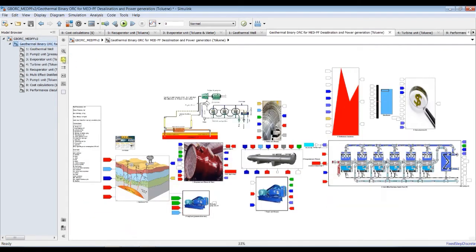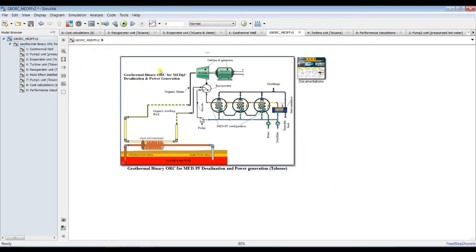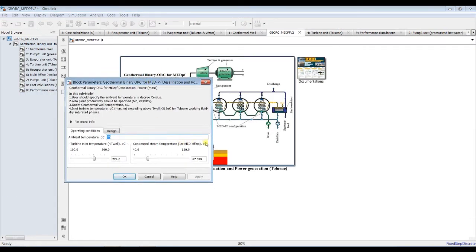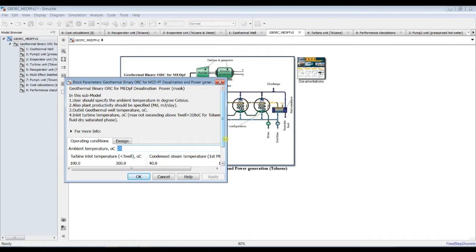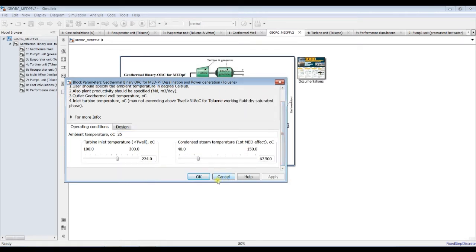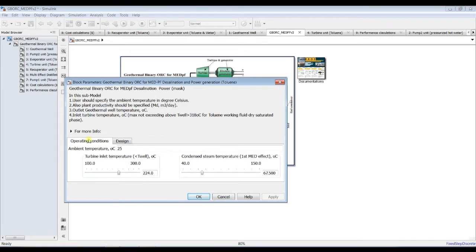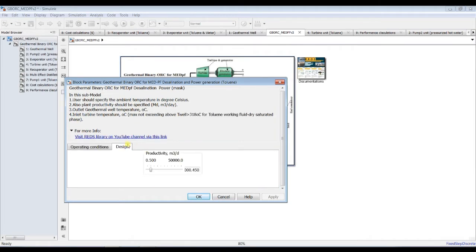Before we go, you have to double click here, and let's make some emphasis. Okay, you have to assign some things. This design is responsible for productivity. Suppose I need to assign 2000 cubic meters per day as productivity, and we can increase this.